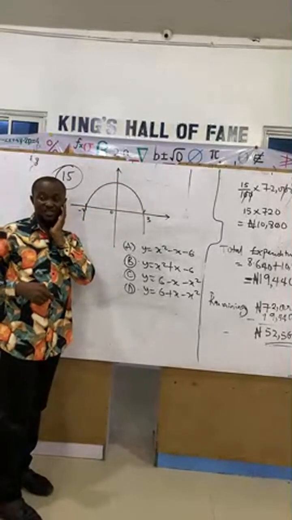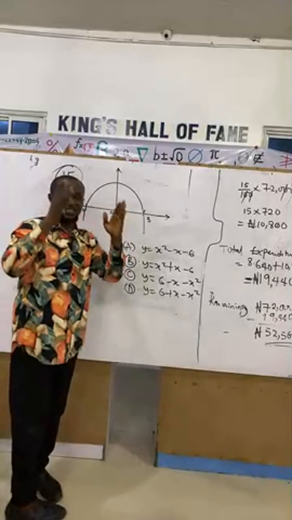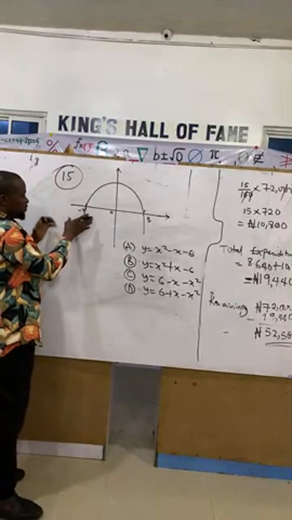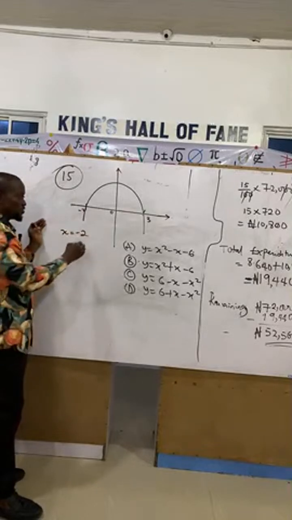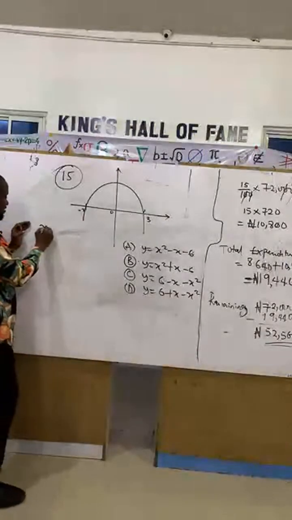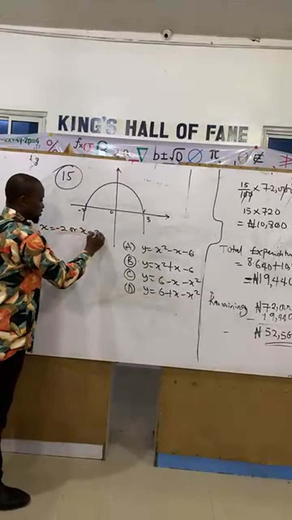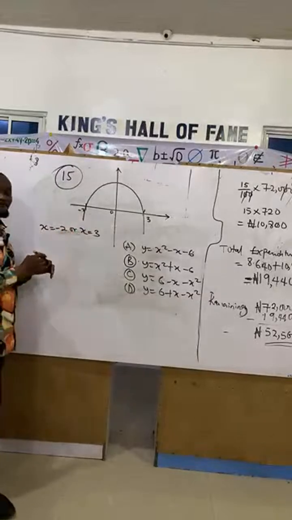Are you following me? So in this case, the solutions are x equals minus 2, or x equals 3. These are the two solutions.